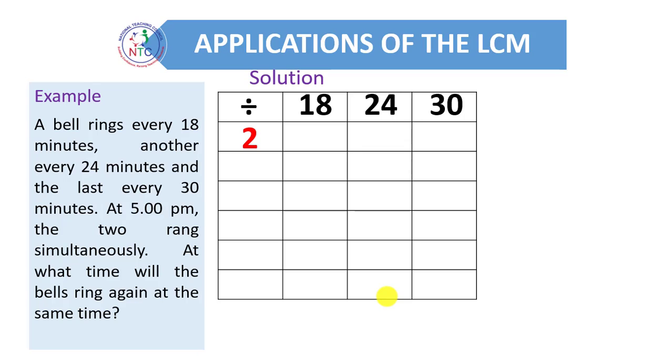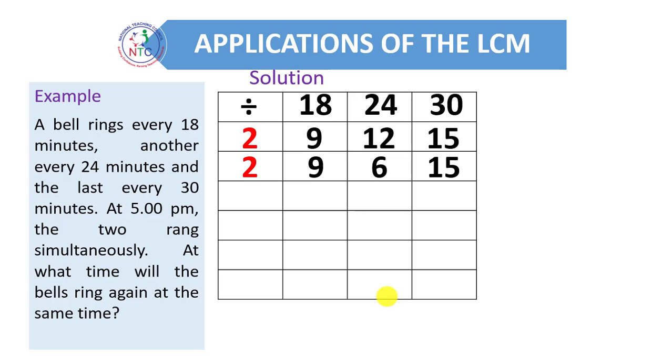Now, 18 divided by 2 gives you 9. 24 divided by 2 gives you 12. 30 divided by 2 gives you 15. Now, you do realize that I can use 2 again. Going further, 9 divided by 2, there will be a remainder, so let's just write the 9 there. 12 divided by 2 gives us 6. 15 divided by 2, of course, will be a remainder, so we'll just write the 15 there.